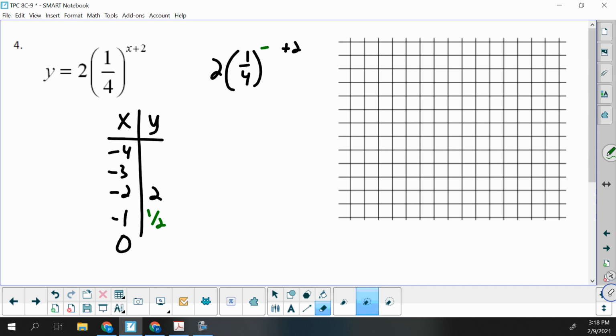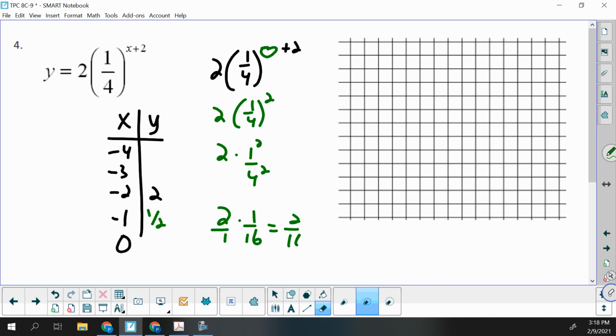We'll switch this to a 0 now. So we'll get 2 times 1/4 squared. That's 2 times 1 squared over 4 squared, which is 2 times 1 over 16. When we multiply straight across, that gives us 2/16, which is the same as 1/8.